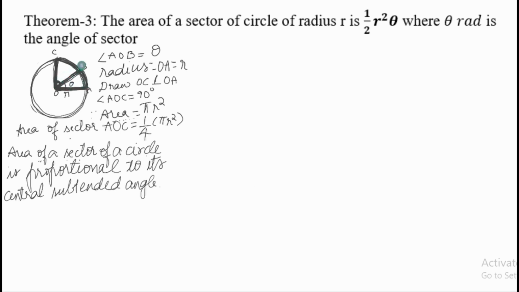So let us write this down. Area of sector AOB is proportional to angle AOB, and also area of this sector AOC is proportional to the angle AOC, which is 90 degrees.